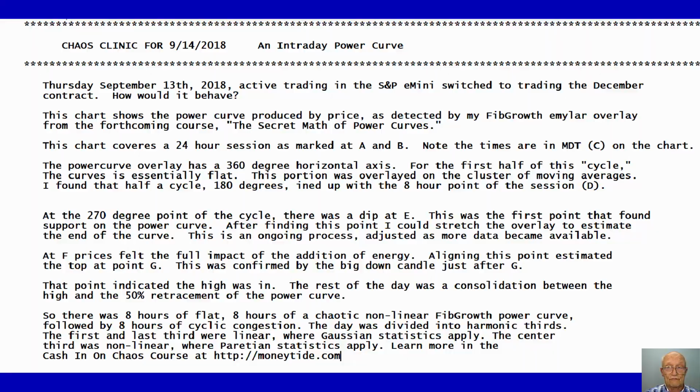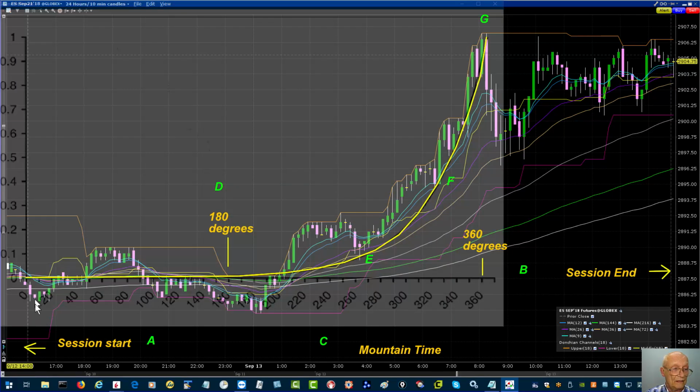Now what this write-up described is this chart here. This is a session chart. Started beginning of session on Thursday, end of session on Thursday in the September contract of the E-mini. Now this curve goes flat, and early in the session things are kind of quiet, and just about the 180 degree point there's this dip here.